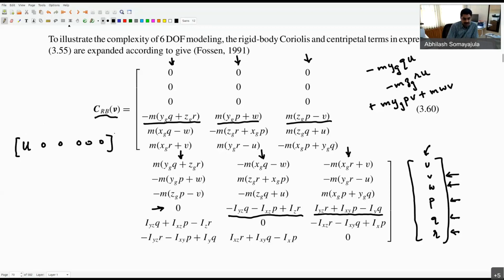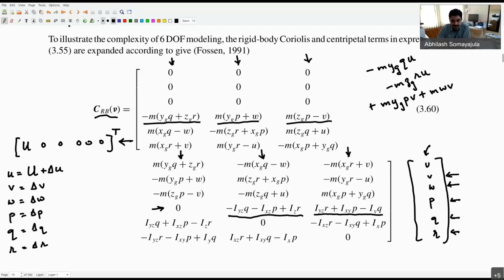That is the point about which I am trying to linearize, which means I'm expressing my U as capital U plus some delta U, my V as some delta V, W as some delta W, P as some delta P, Q as some delta Q, and R as some delta R. Where I'm assuming that these delta values are small, so we are still in the vicinity of the original point about which we want to linearize the system. Yes?